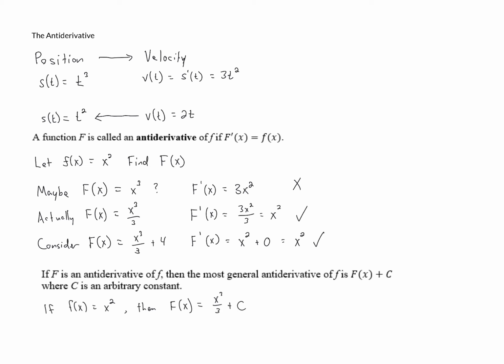We write this because we don't know if the antiderivative is x cubed over 3 plus 0, or x cubed over 3 plus 8, or x cubed over 3 minus 100. All of these are antiderivatives of the original function. If we have more information, which we'll see a little bit later, we might be able to figure out what the specific antiderivative is.